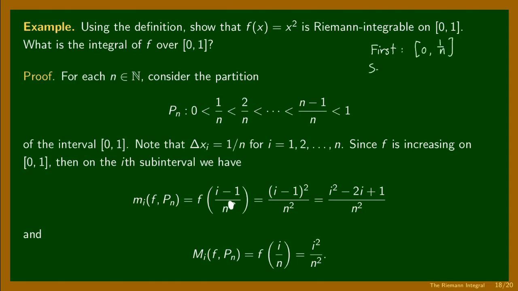Yung second, 1 over n, 2 over n, right? And so on. Pag ikaw nasa ith na, ito yung i over n, i minus 1 over n. So, i-evaluate mo si f doon sa left endpoint.